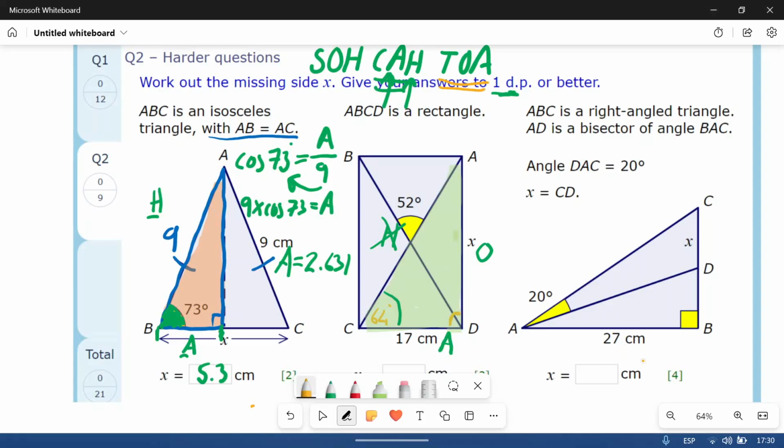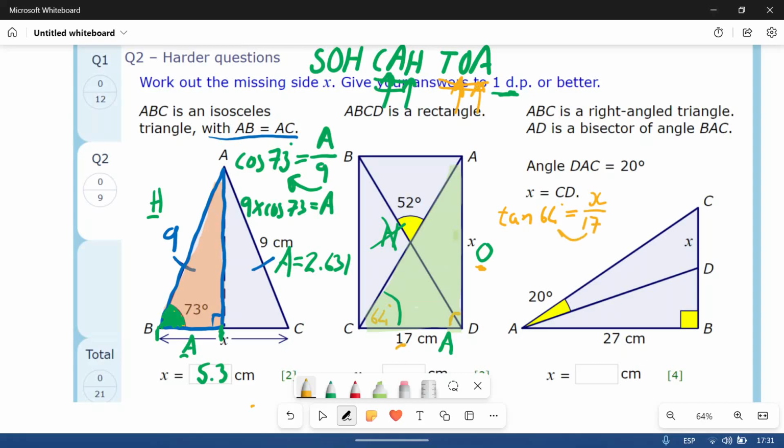Alright, so let's write that down. I just don't have a lot of space here, so I'm going to use the space and rub it out. So we've got tan, then the angle, 64. And then in the ratio, first is O, in this case x, so x goes at the top. And next is the A, the adjacent, which we have there is 17.